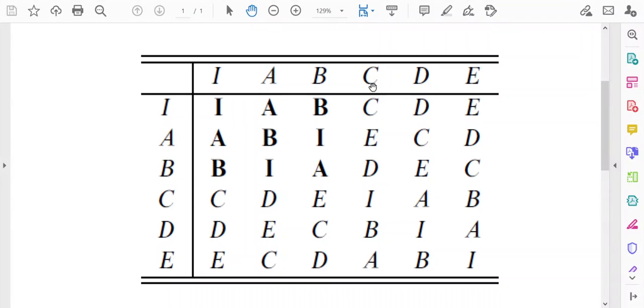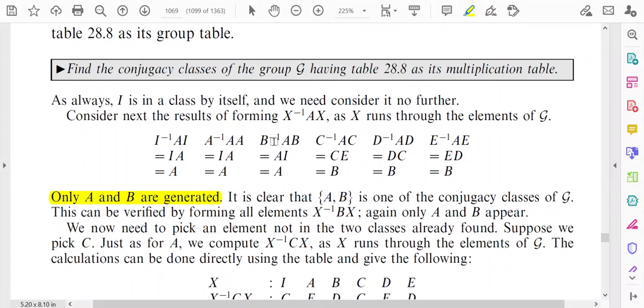So C into C is I. So we have to find where there is I, because from the identity element you can find the inverses. So those values you have to use to find the resultant product of the conjugate relation, that is x inverse A into x.